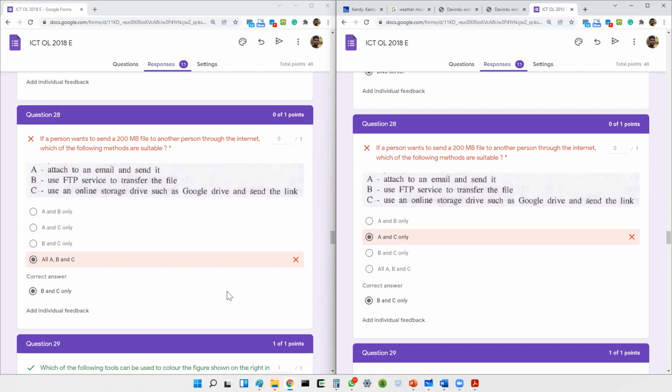If it exceeds, for example, 25 megabytes, then you are in trouble. So the first one is not correct, and FTP service to transfer the file is. And then you can use online storage like Google Drive and send the link. So B and C are possible, and that's the answer for the 28th question.